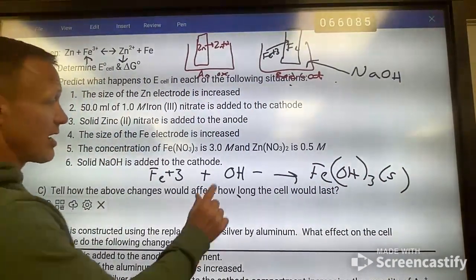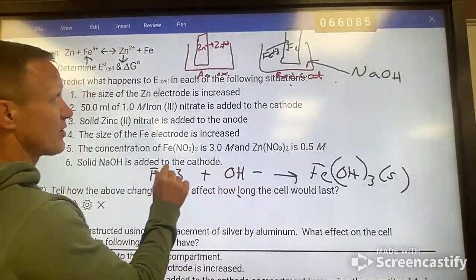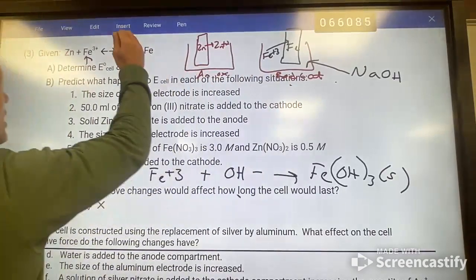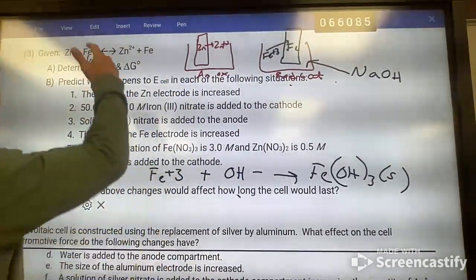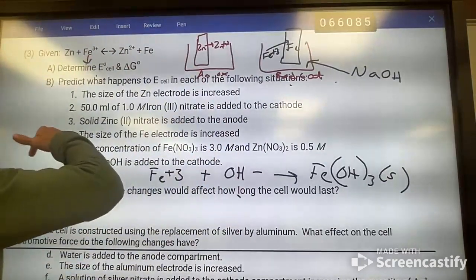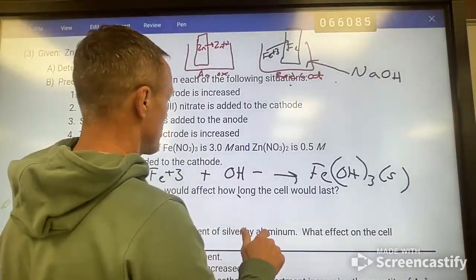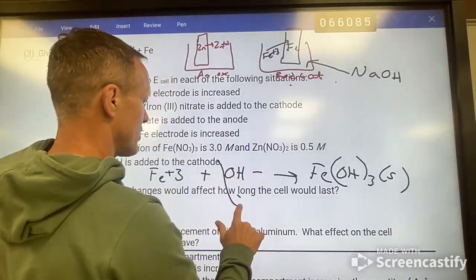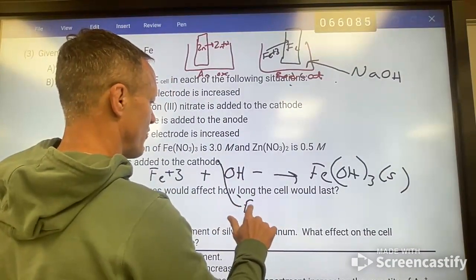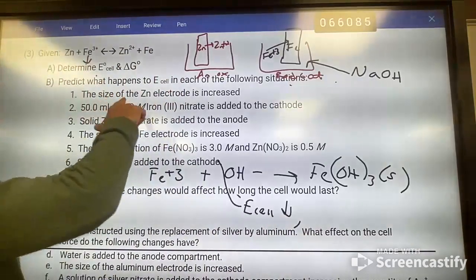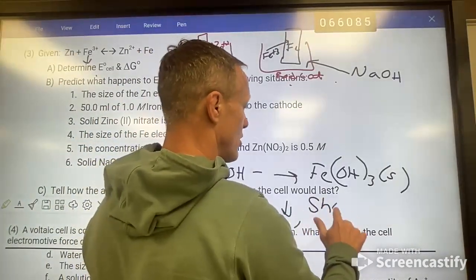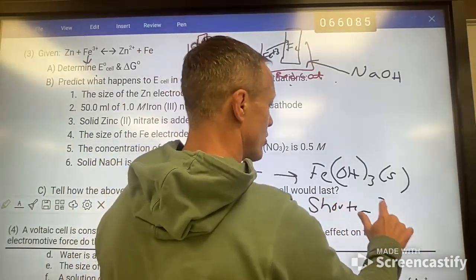So we're going to remove iron ions. As these get removed, equilibrium shifts back left, cell potential goes down. Okay, so that would cause the E of the cell to decrease. And since we're removing one of the reactants, shorter lasting.